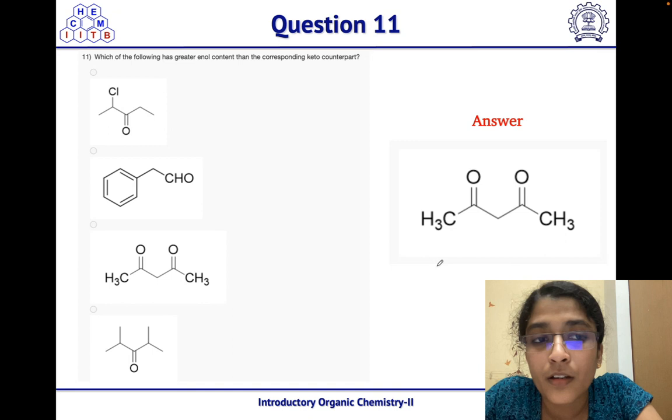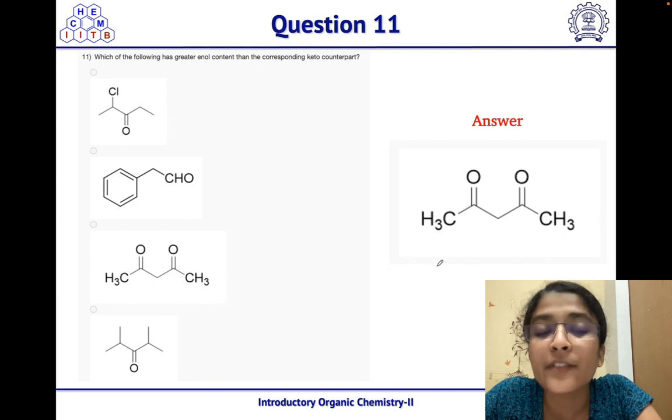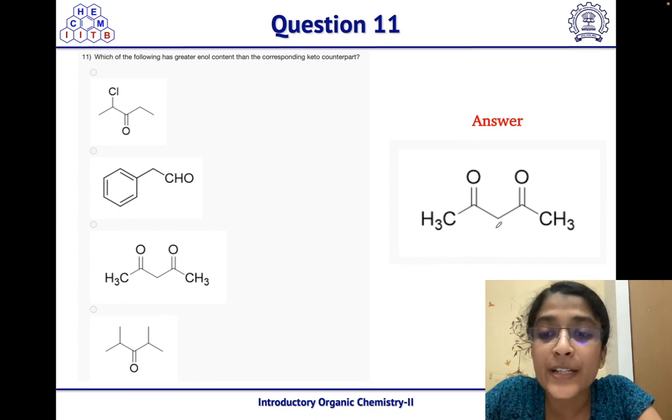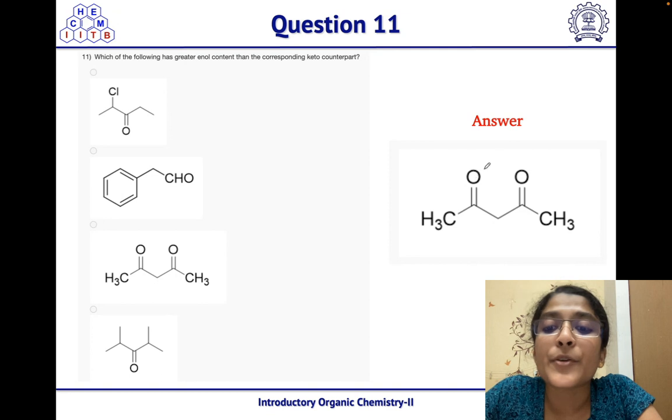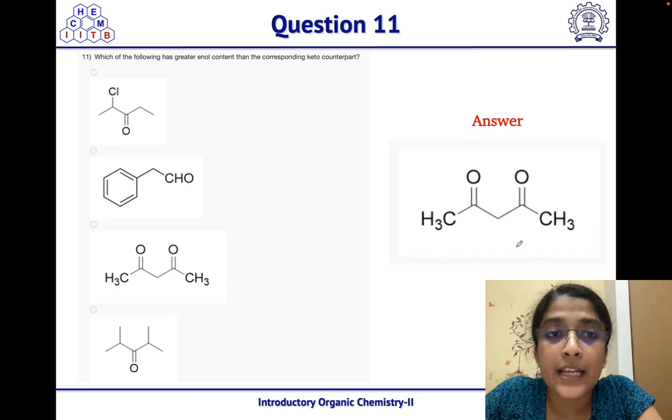Yes, ma'am. This is similar to our first two questions, where we saw the factors that influence enol formation. So here because of the resonance effect and this hydrogen bonding factor, this will be the correct answer because it will give more enol content.